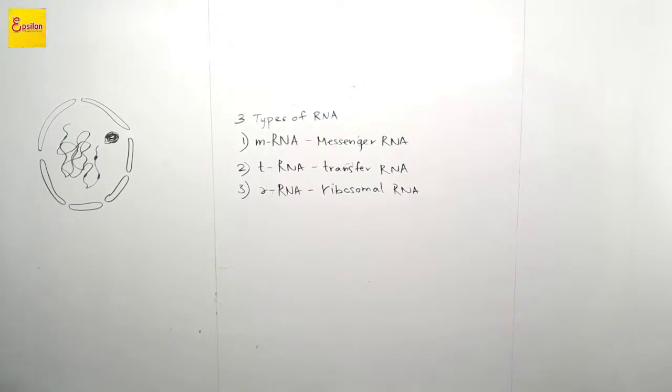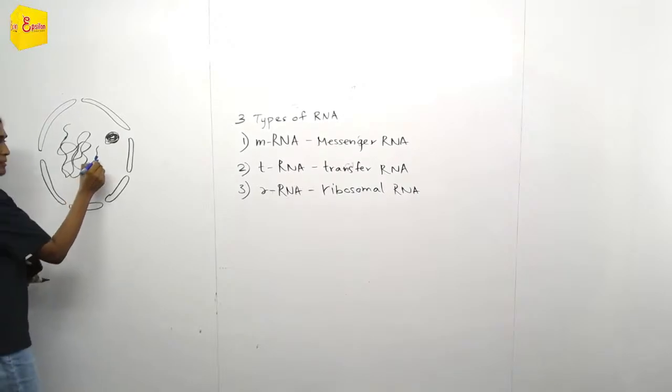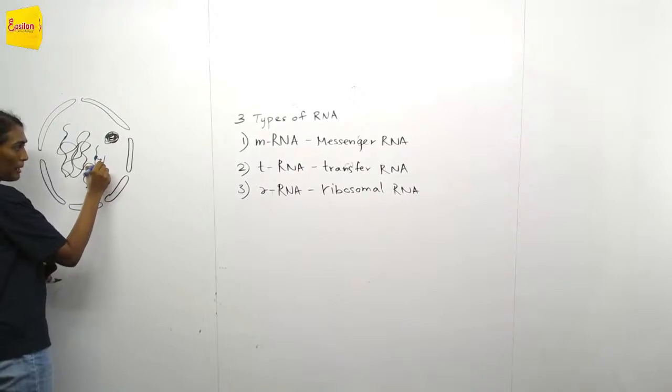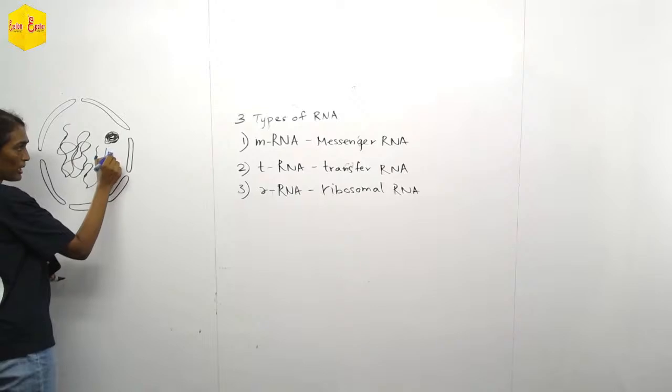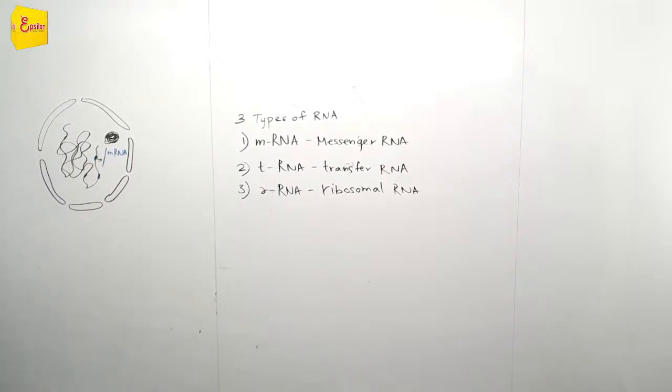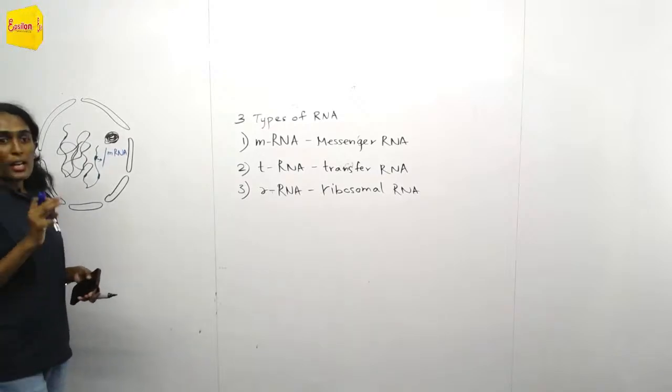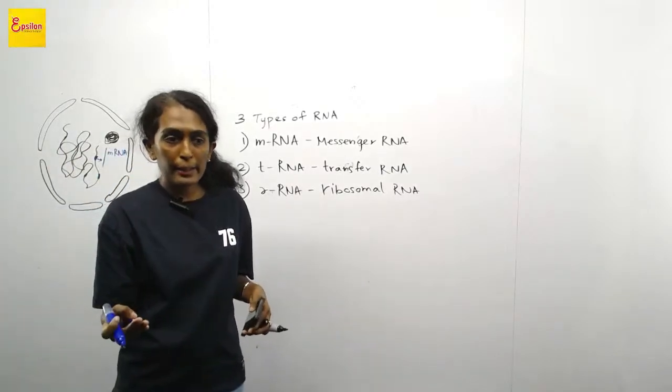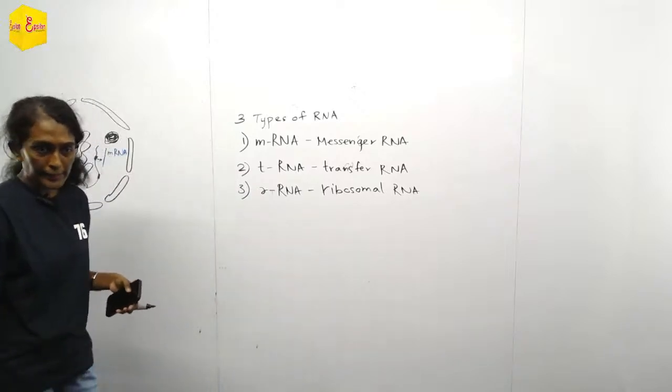Let's say you want to express one of these genes, you make an mRNA molecule according to the information in the DNA. That means it's copying the information in the DNA into a ribonucleotide sequence, right?